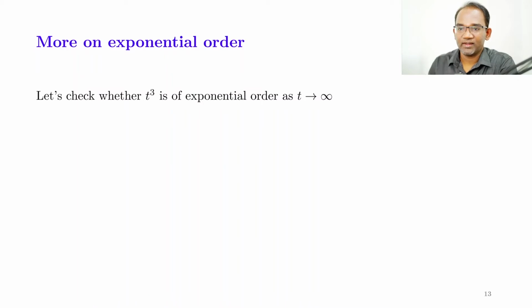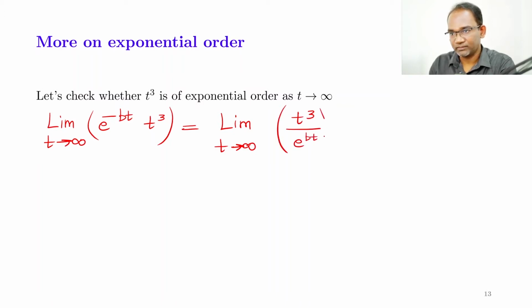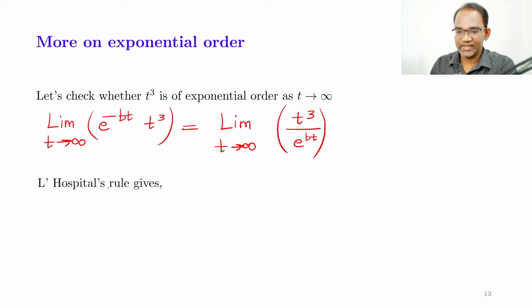As an example, let us check whether t cubed is of exponential order as t tends to infinity. In this case, we'll check whether the limit as t tends to infinity of e^(-bt) t^3 exists. So this is equal to the limit of t^3 over e^(bt). By a quick inspection, we see that this function does not converge, so we'll use L'Hospital's rule.